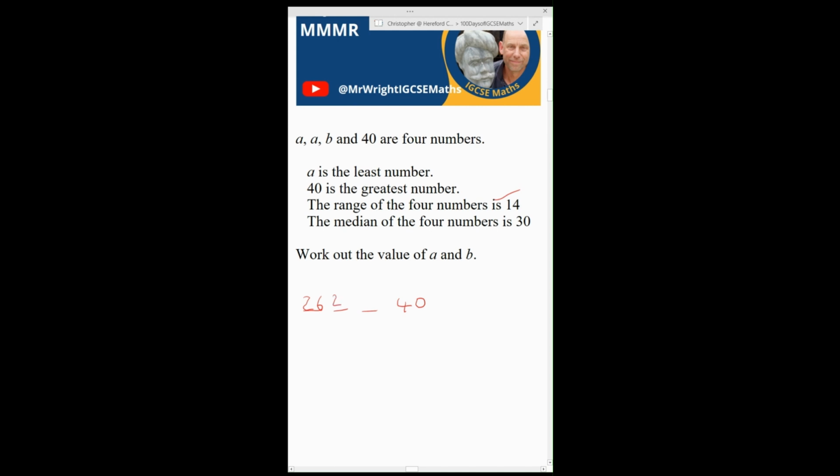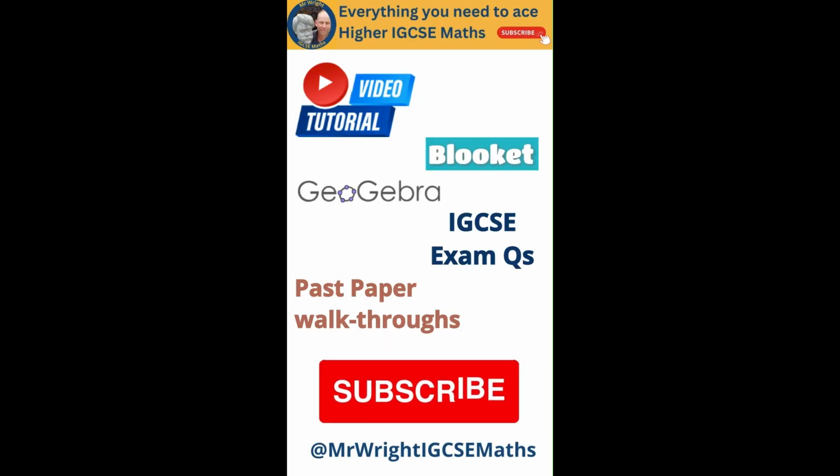This means that that must be 26 as well because both of those are the same. The median is 30, so halfway between the second number and the third number is 30. Now the second number is 4 lower, so the third number must be 4 higher. So those are my 4 numbers.